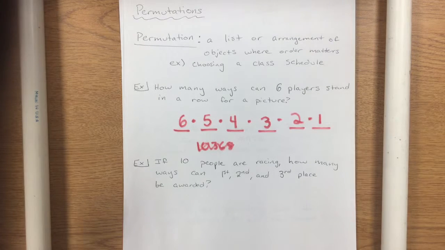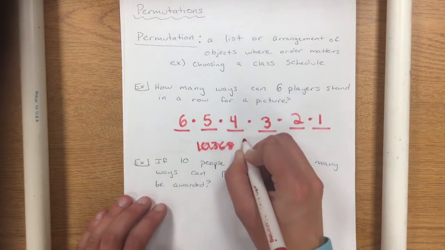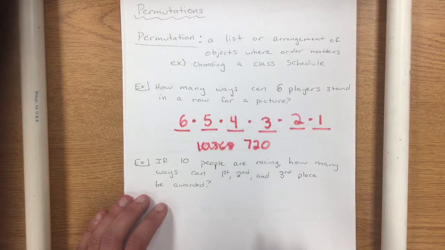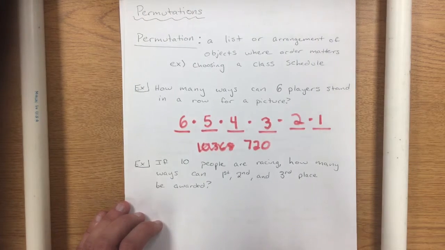All right, what'd you guys get? I got 720. So we have 720 ways that we can make 6 players stand in a row for a picture.